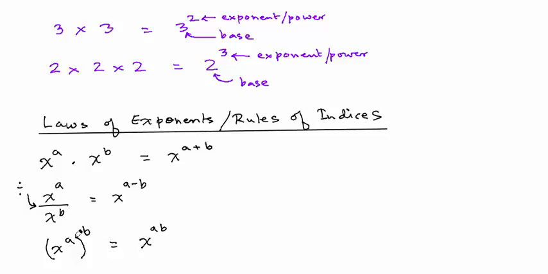If you just open this up, you'll realize that this is essentially a number of x's multiplied with another a number of x's multiplied with another a number of x's, and how many times you do that is determined by this number b here. So if b is 3, you do x raised to the a times x raised to the a times x raised to the a. So you have 3 a's in the end, and that's the reason why we multiply b with a.